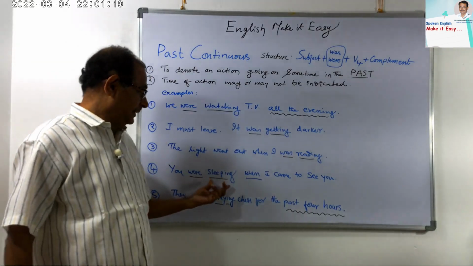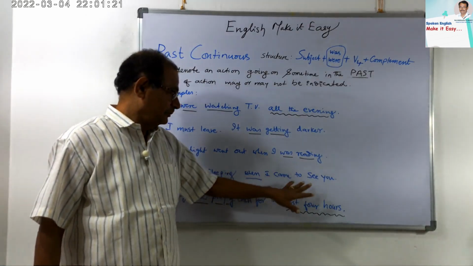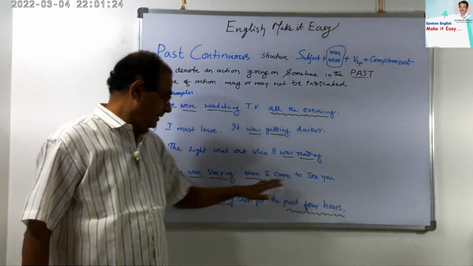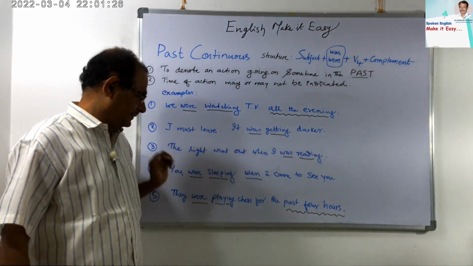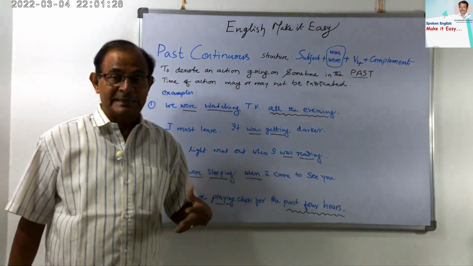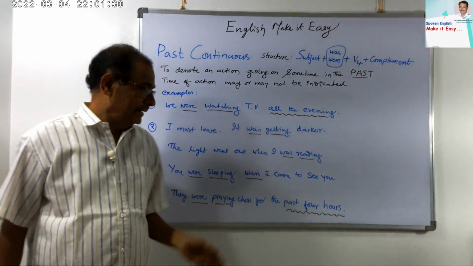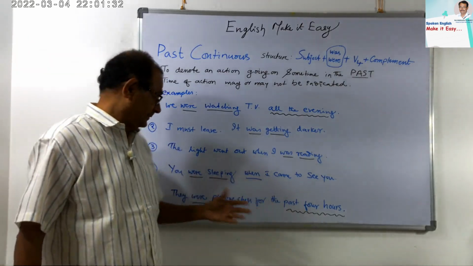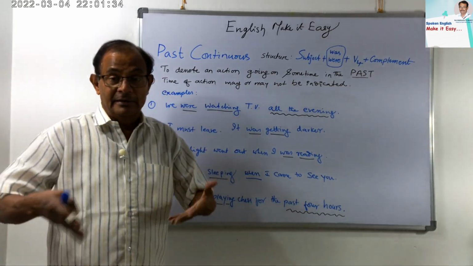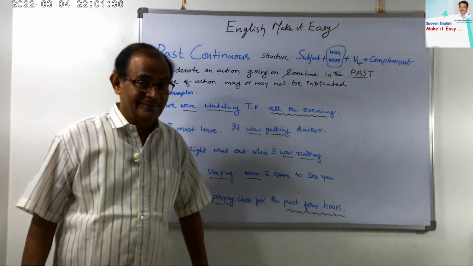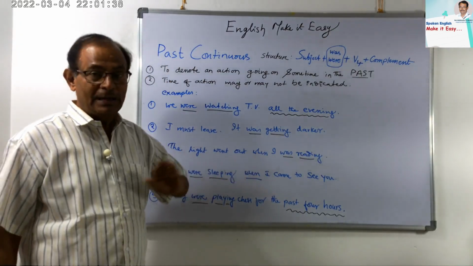So there is a relation between this clause and this clause. That's why this is called a relative pronoun. It relates these two sentences. You were sleeping when I came to see you. Okay, that is the thing. So both are past actions.